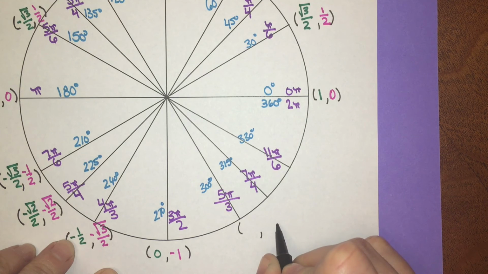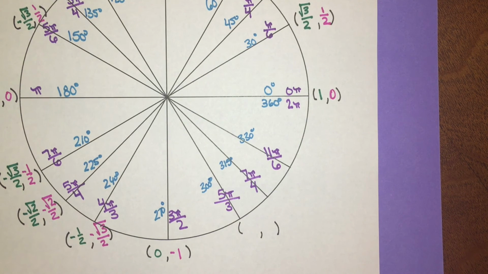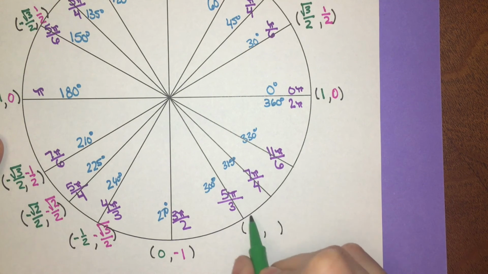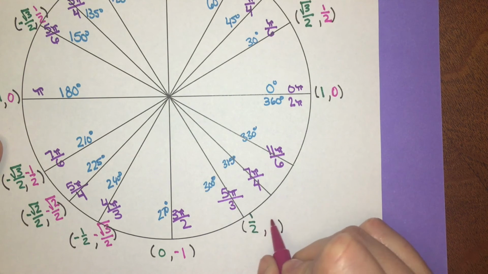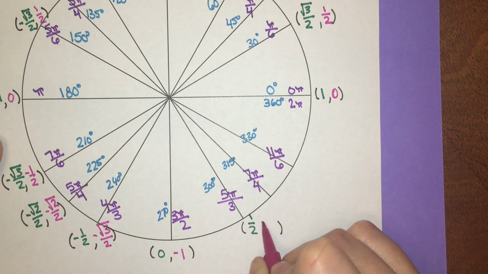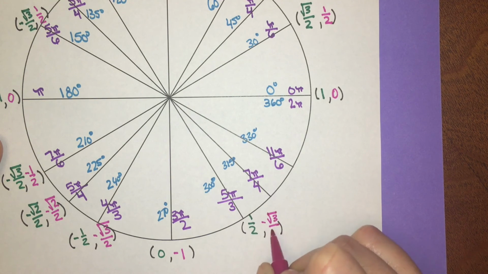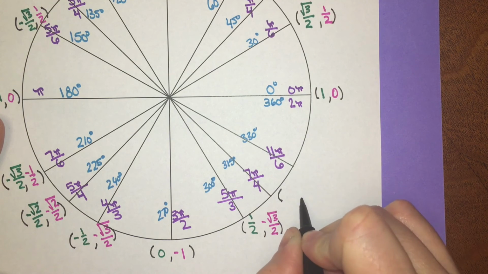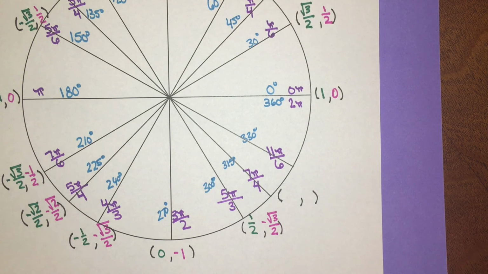Skip over to 300 degrees. We get an x-coordinate of 1/2, y-coordinate of negative square root of 3 over 2, up to 315 degrees.